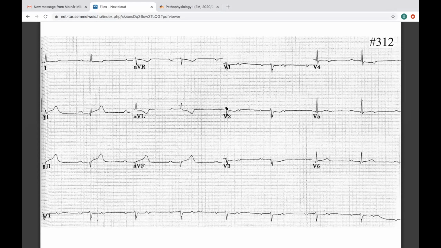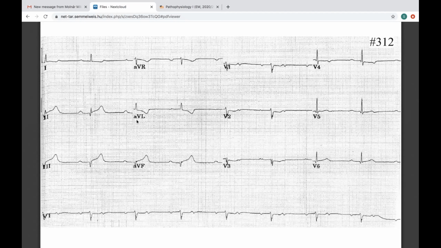And what can you see in V2, V3? Only V2, maybe V1, ST depression, yes? It's more than 1 millimeter. So possibly we do have a posterior extension of this MI as well. So we do have an inferior posterior acute myocardial infarction, and a 2-to-1 block.